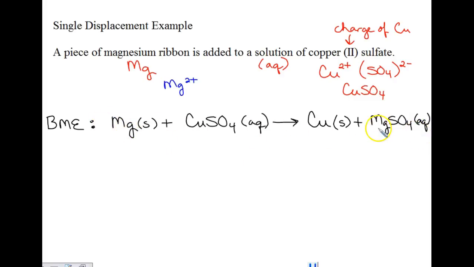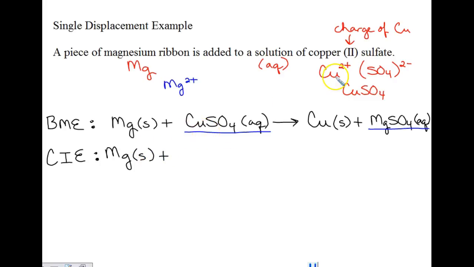There's 1 magnesium on each side, 1 copper on each side, and 1 sulfate on each side. Now we can move to our complete ionic equation. And as I was saying, we are only going to break apart the things that are in the aqueous state. So everything else just gets rewritten as it is up here. So I'm going to bring down my magnesium solid.